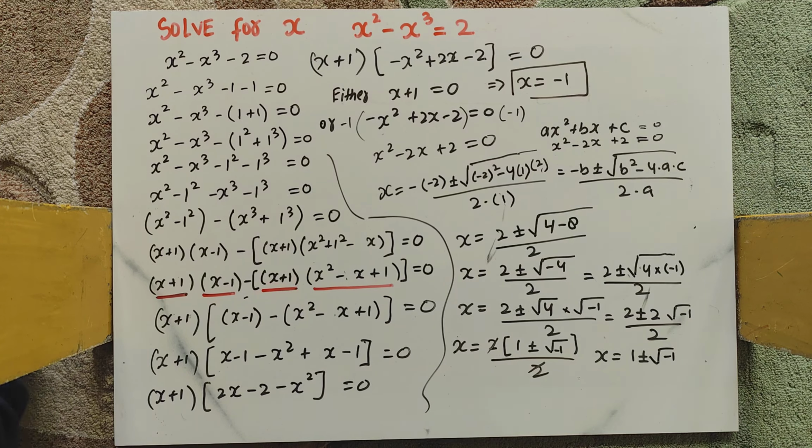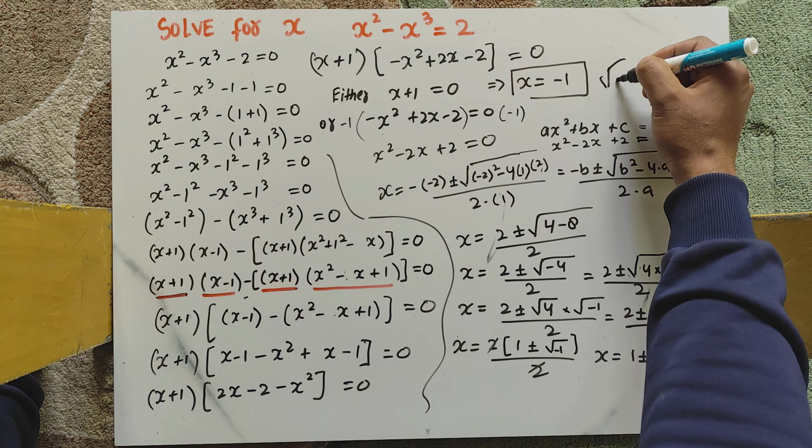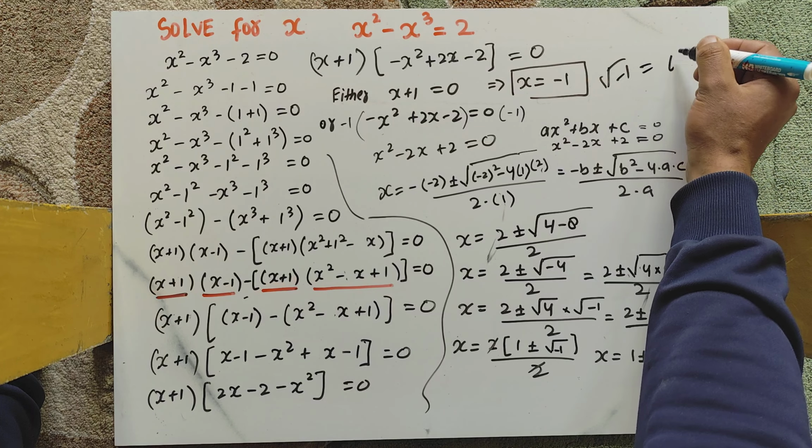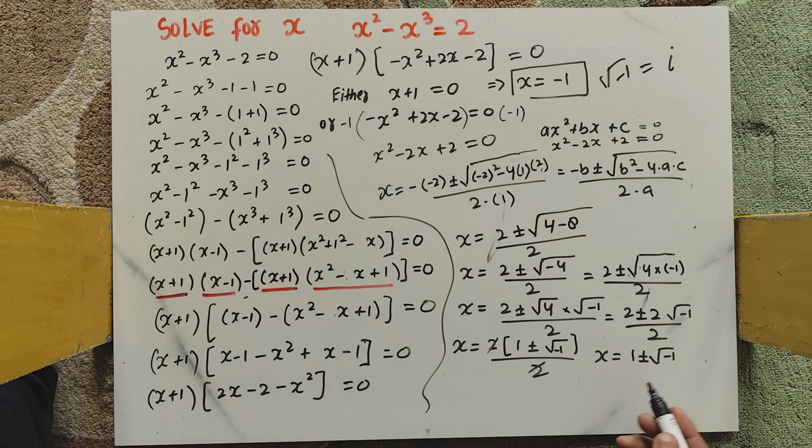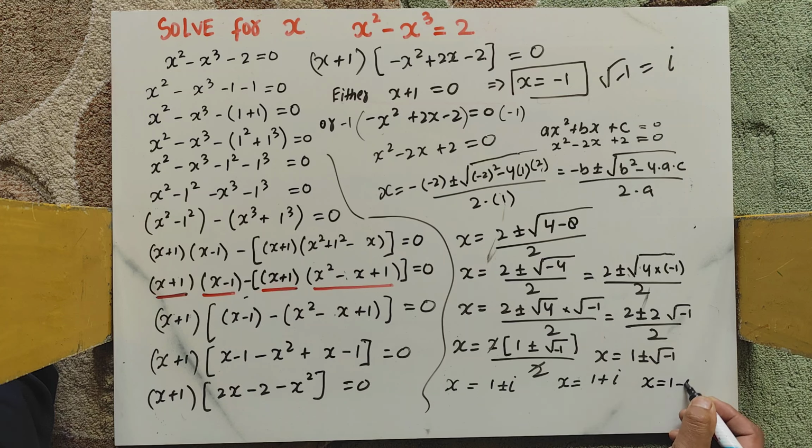Now we know that the square root of negative 1 is equal to iota. So we can write x is equal to 1 plus minus iota, that is x is equal to 1 plus iota, or x is equal to 1 minus iota.